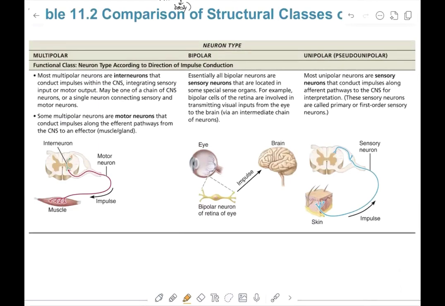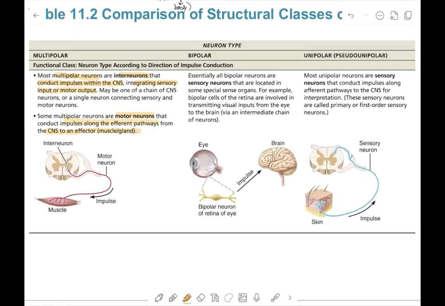The multipolar are called interneurons because they conduct impulses within the central nervous system. So they integrate sensory or motor output. Some multipolar neurons are also motor neurons because they conduct impulses along the efferent pathway to a muscle or gland.